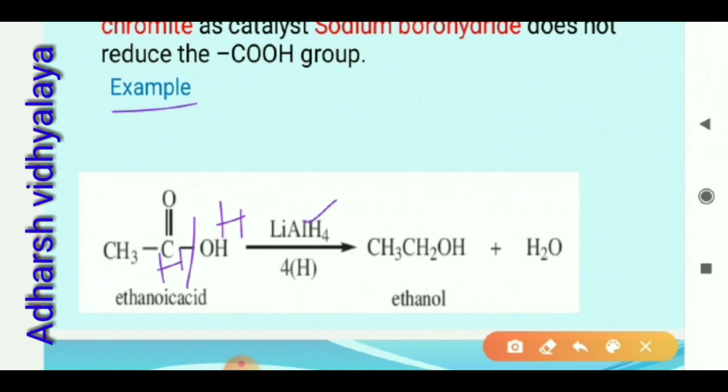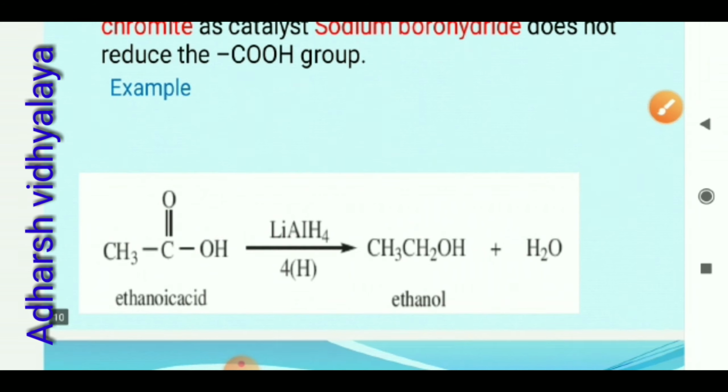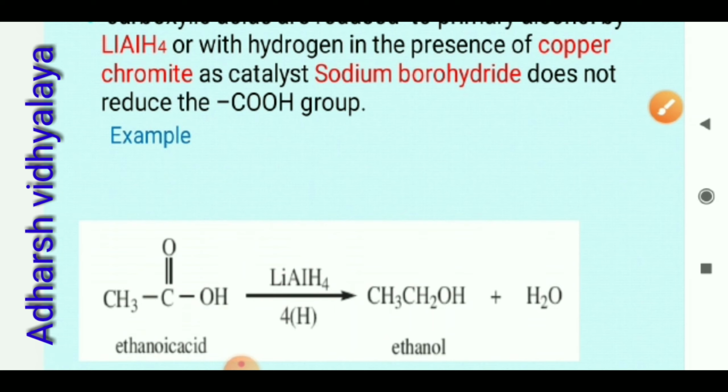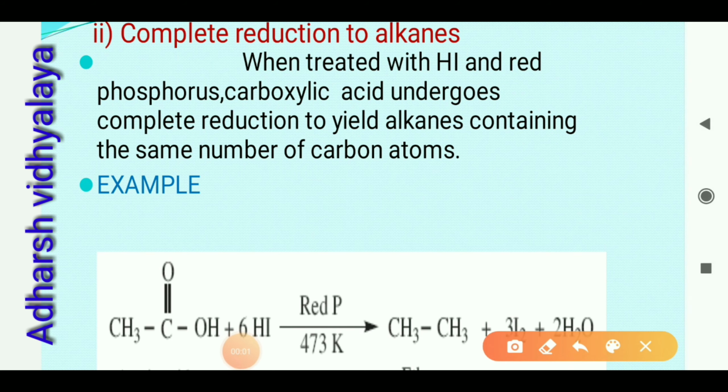Then this aldehyde CHO group is further reduced into alcohol in the presence of the reducing agent lithium aluminum hydride. But sodium borohydride does not reduce the COOH group into an alcohol group.